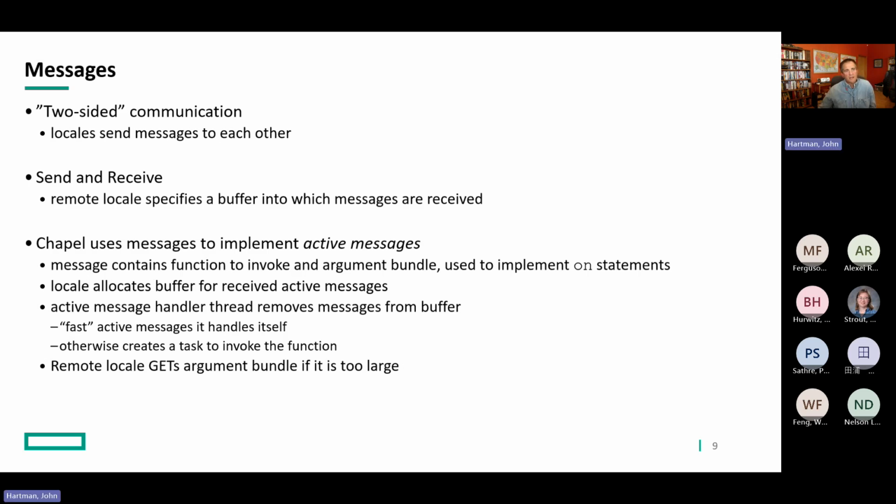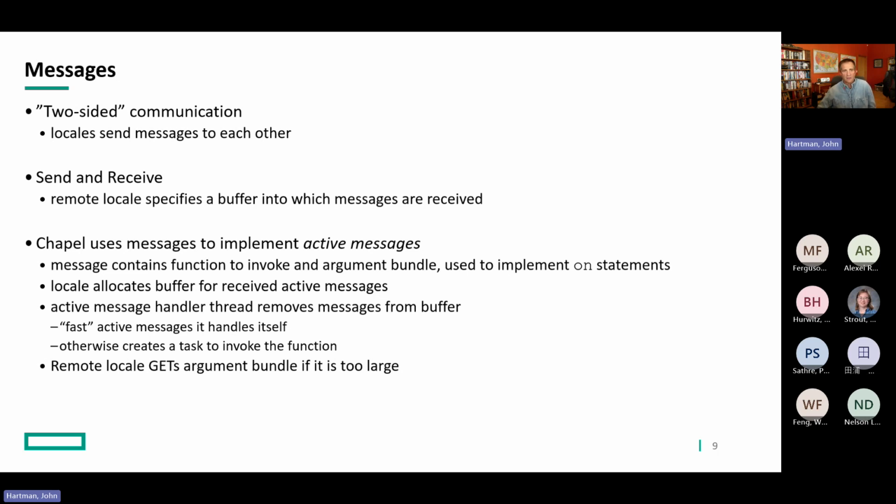There are two ways the networks get used by Chapel. One is messages, which is also known as two-sided communication, in which the locales send messages to each other. It's called two-sided because it requires both sides to do something. One side is sending and the other side is receiving. And I guess it's the receiving that's the important point here, which is that in order to receive a message, the remote locale has to allocate a buffer and say, hey, I'd like to receive messages into this buffer.